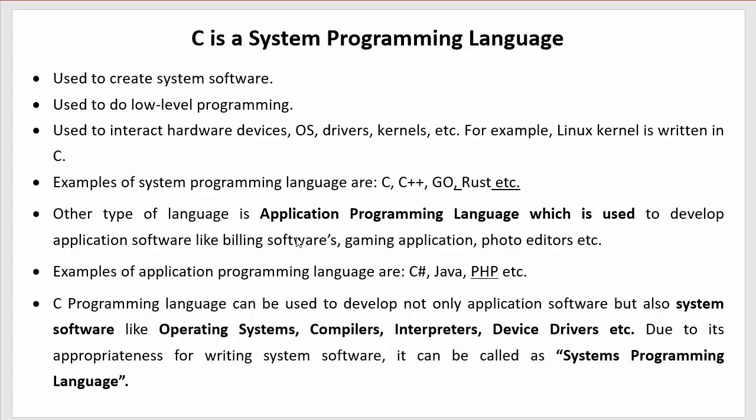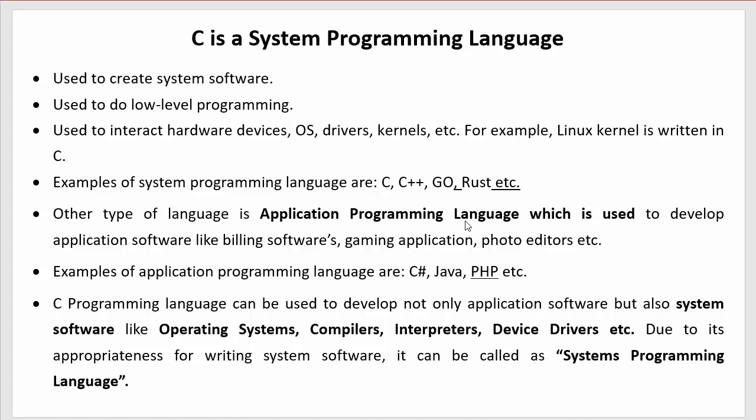One category of software is system software, and another category is application software. To develop application software, we use application programming languages. What are application software? As I have told you earlier, those which users use for their daily work.